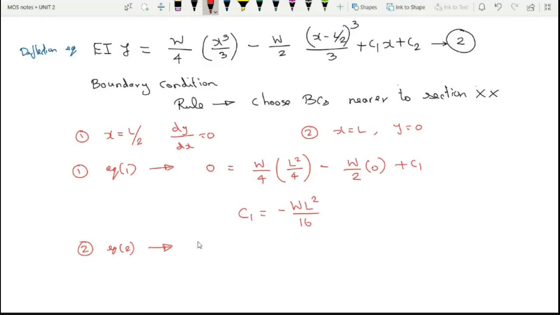So y is 0 here. x is L, so w by 12, I am taking it out. When I substitute, we will get L cube, minus w by 6, L minus L by 2, we will get L by 2 the whole cube, plus C1 into L by 2.